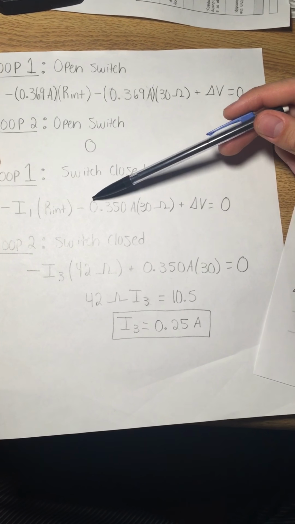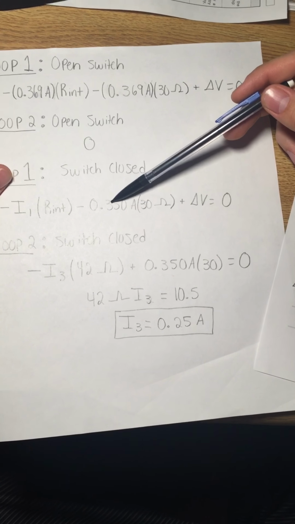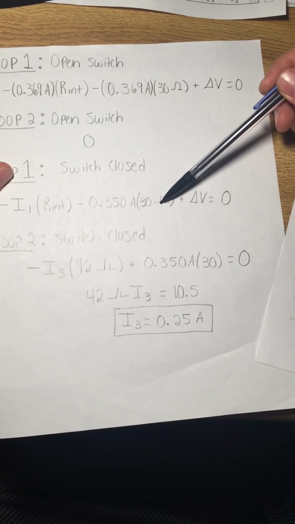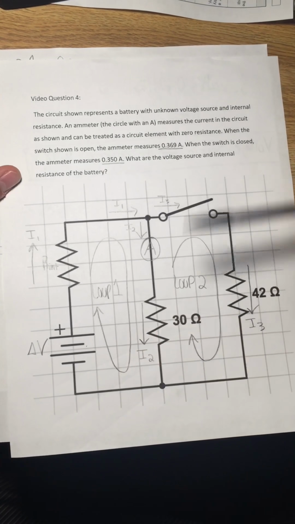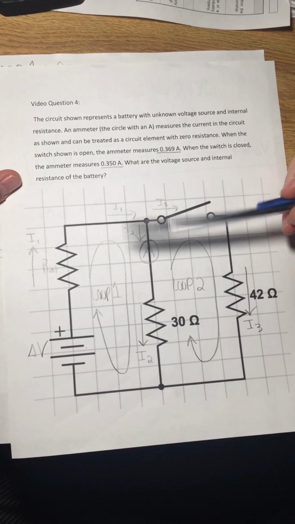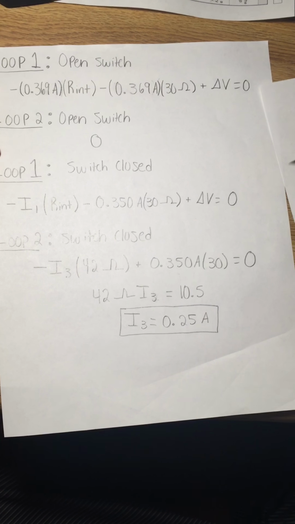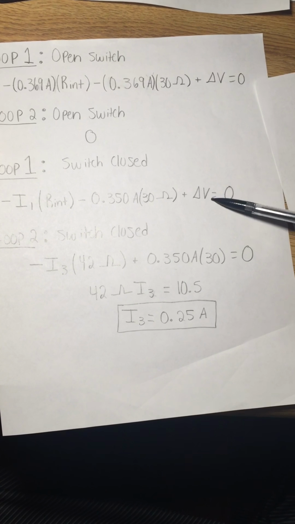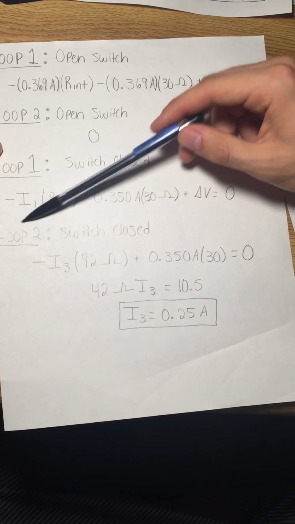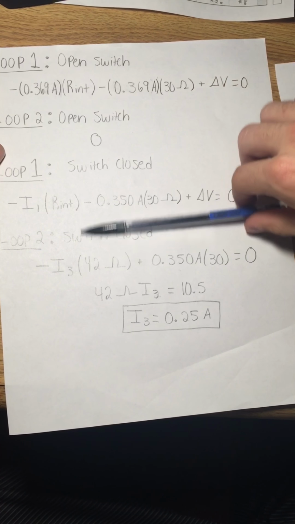Then we have 0.35 amps times the 30 ohms, because that's the current we know when the switch is closed. And then we have another positive delta V. This is when it switches up, because loop 2 is now activated since the switch is closed.